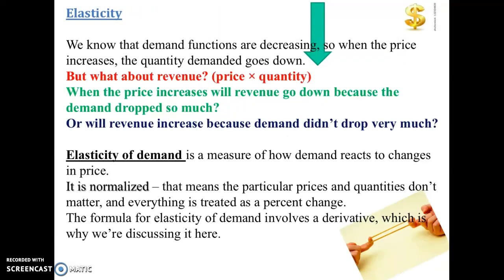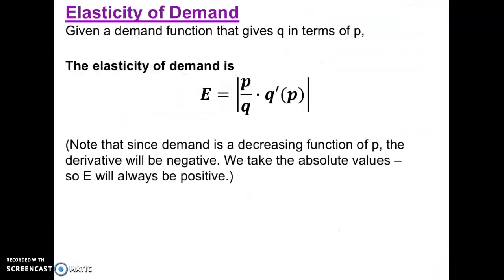Before I go on to the next slide, I do want to point out this bottom picture down here. When we're in class, and I wish I could show you this in a video form, I actually often use a rubber band to understand this concept of elasticity, and I'll talk about that in just a second.